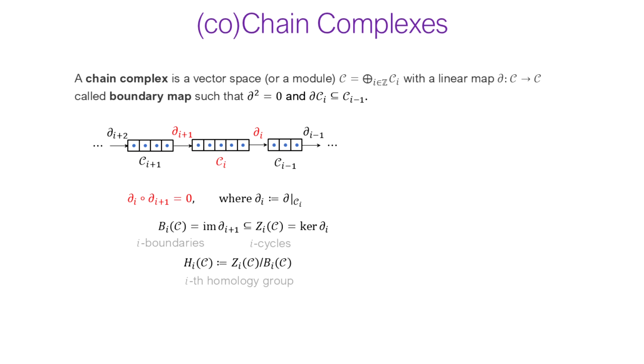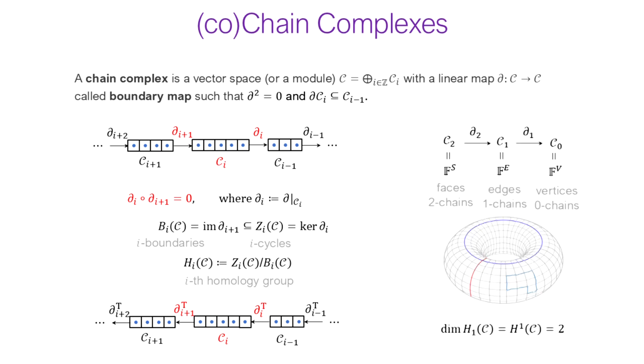We can also consider the dual notion, when instead of these linear maps we consider the transposed versions and just reverse the arrows. This is called a cochain complex. In this case, we also have coboundaries, cocycles, cohomology groups. So we always add co.